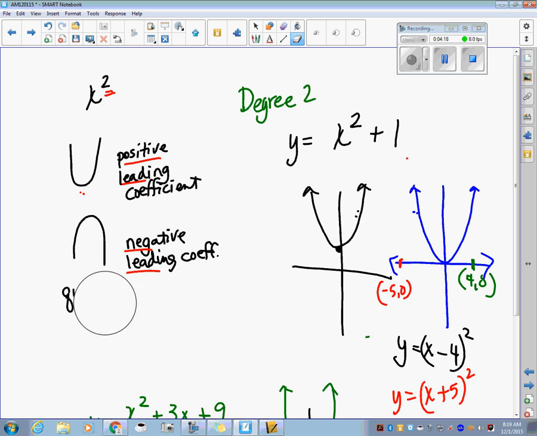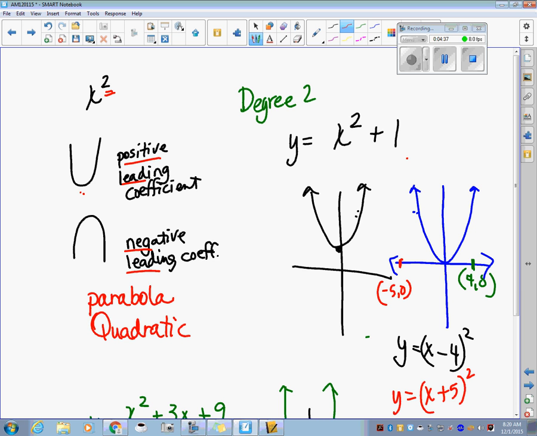This is a parabola. It's a quadratic, that's what I was trying to say. If it is quadratic, it is of degree 2. Okay? So these are quadratics.